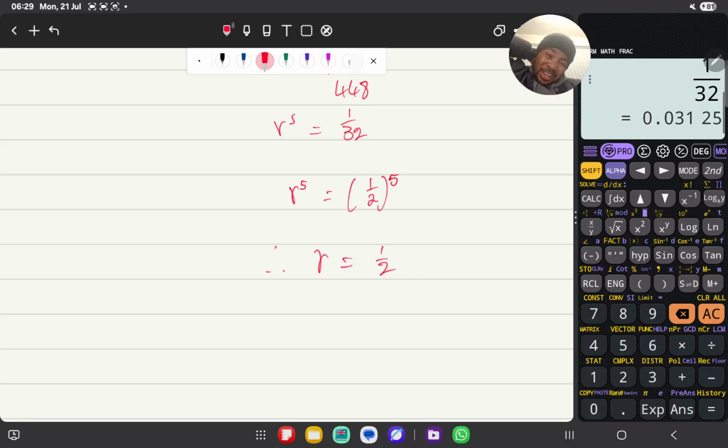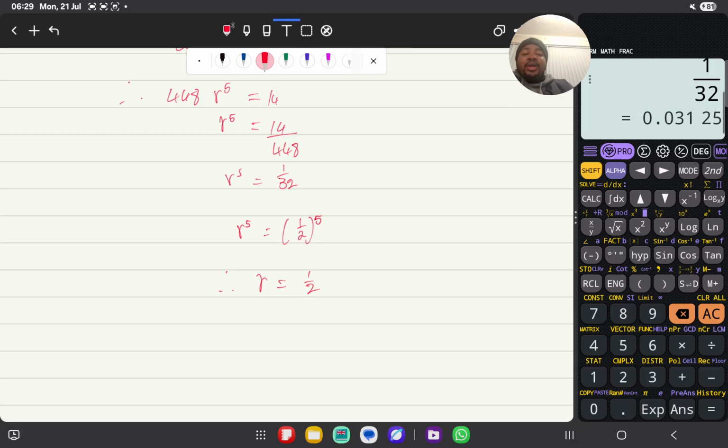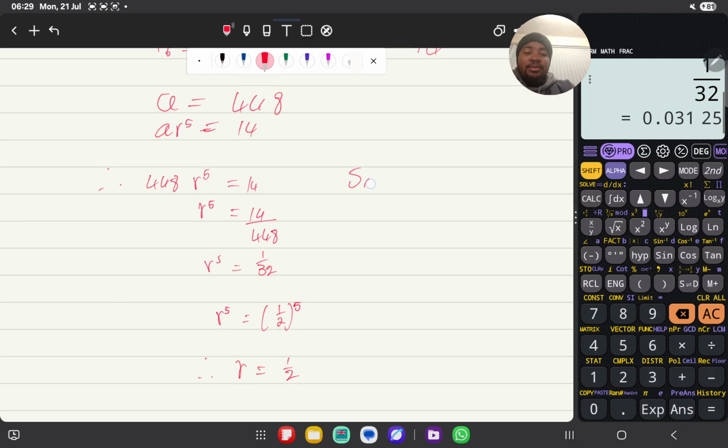And we know we are doing the right thing, because our r is between -1 and 1, right? So cool. And when you're calculating the sum to infinity, you only need the first term and r.